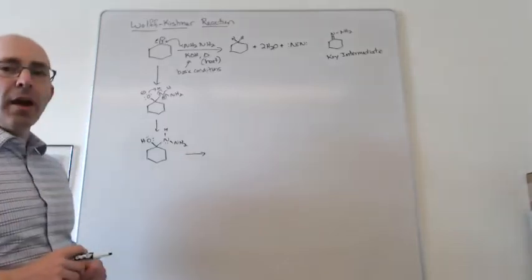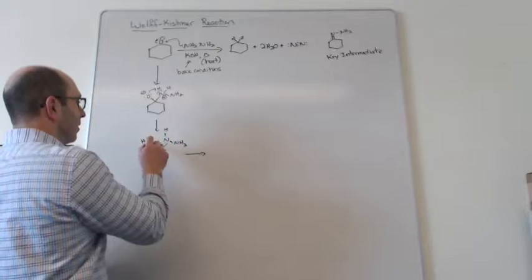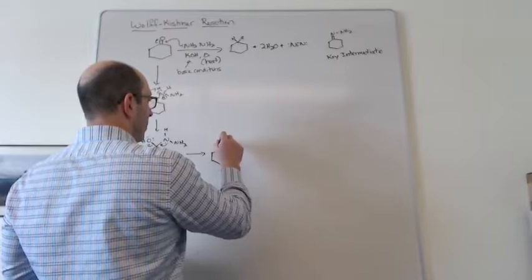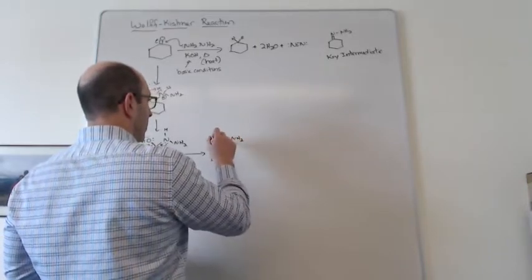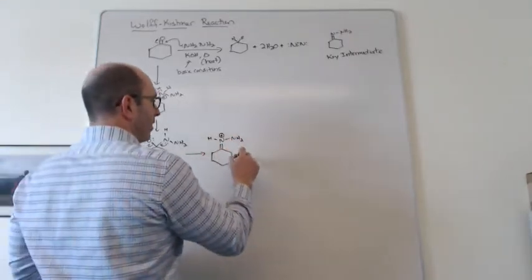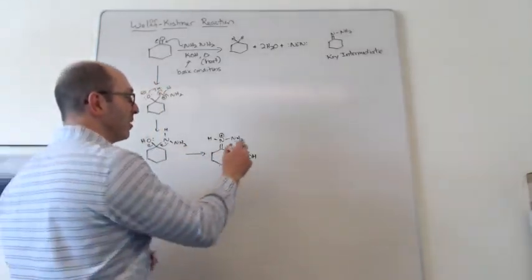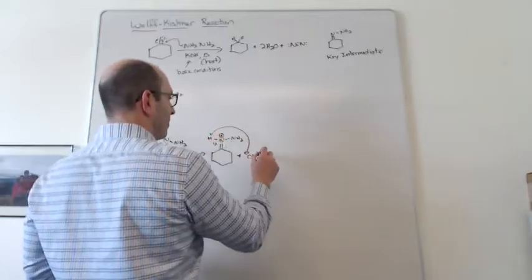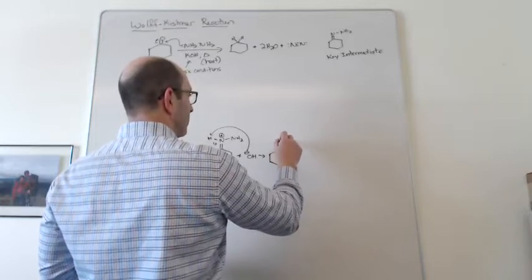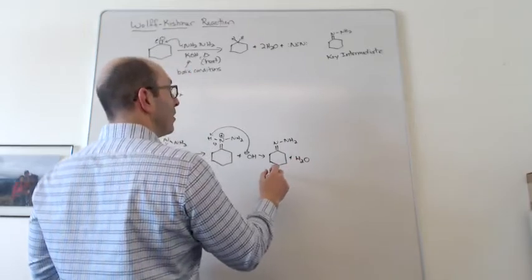And since we're in basic conditions, you can have hydroxide leave. Right? And again, this may be a flaw in my mechanism because now I have that positively charged intermediate that I told you not to get to, but that'll quickly be deprotonated and it'll give you the key intermediate that we mentioned before.